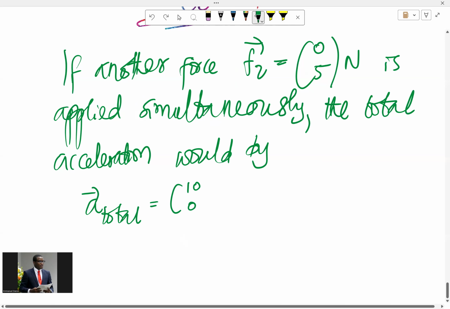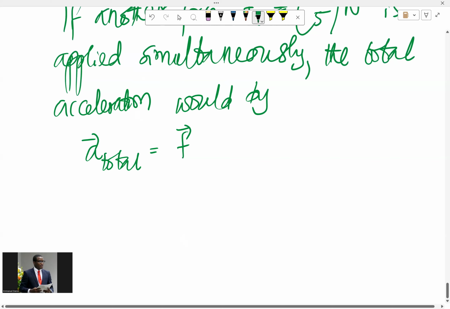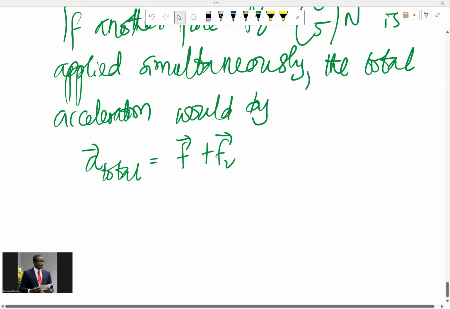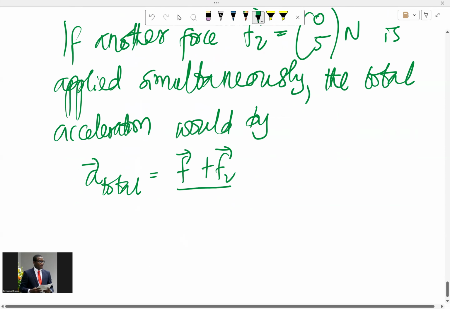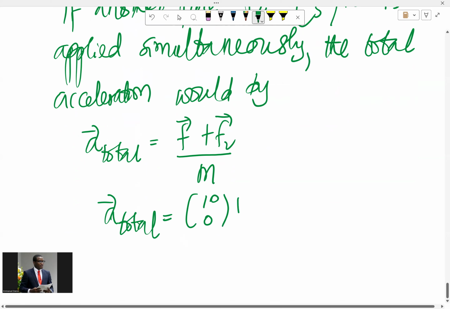Let me even write that as a formula first. Previously we had just F, so that'll be the initial force plus the second force, F2, divided by the mass of the object. So it's still the same object. That means the total acceleration, A total, will be (10, 0) for the first force plus (0, 5) for the second force.